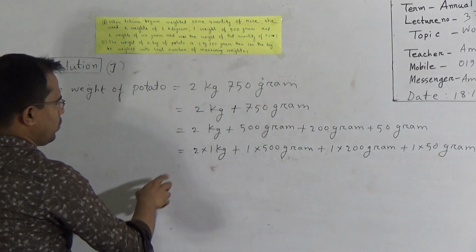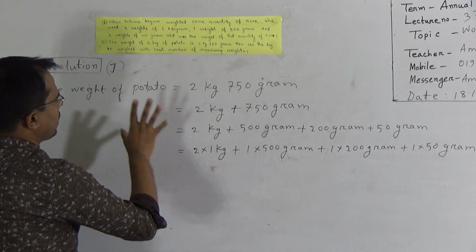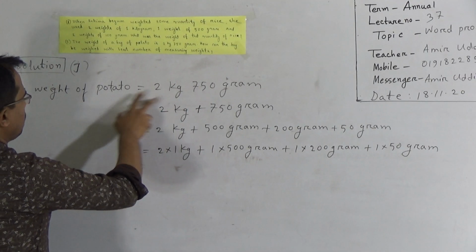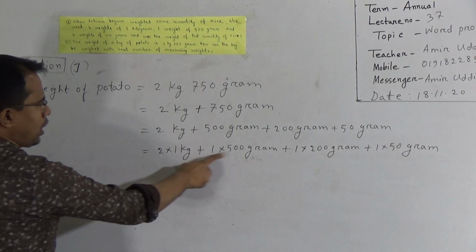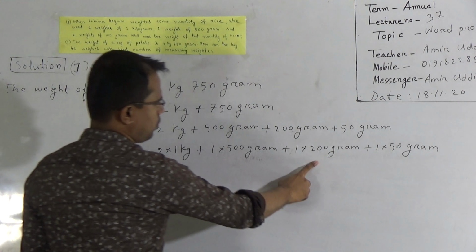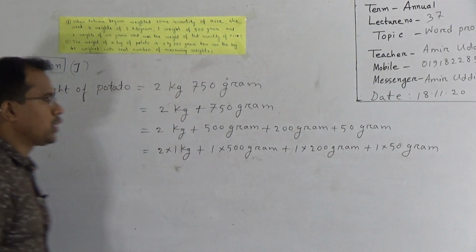From this information we can say that for measuring the weight of this potato we need 2 weights of 1 kg, 1 weight of 500 gram, 1 weight of 200 gram and 1 weight of 50 gram.